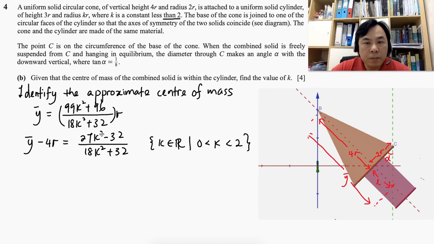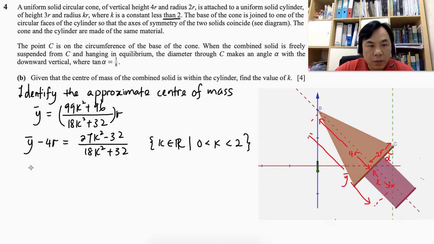Now, if we put a 0 here, it can't be 0, of course, right? If you put a 1 here, if k is 1, yes, it's possible that the center of mass could be somewhere here. So if k is around 1.5, for instance.